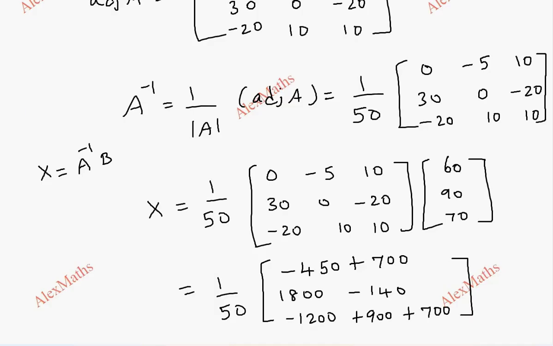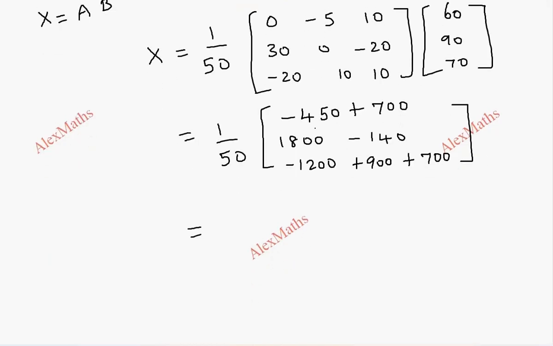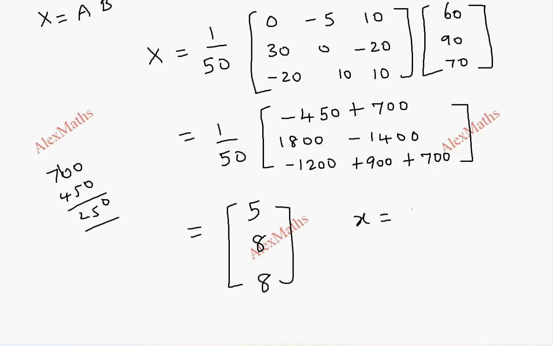So totally this will be, first one is 700 minus 450, so 250 by, we have 1 by 50 also outside, so 5. And this one is 400 by 50, which is 8. This is 1600 minus 1200, which is 400. Again it is 8.